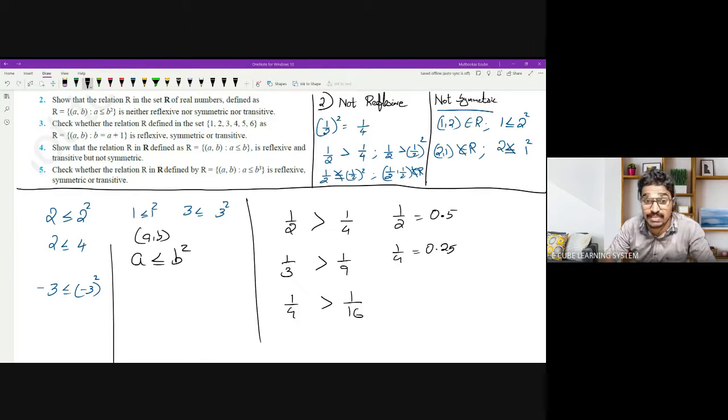And the example for transitivity is much more difficult. You try.